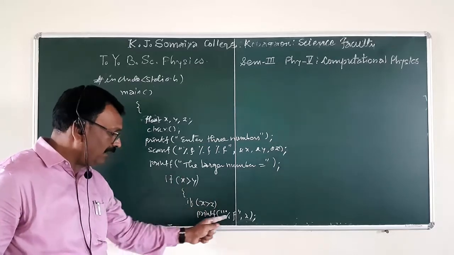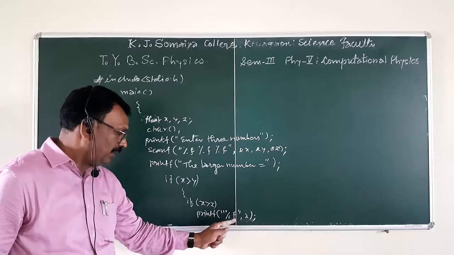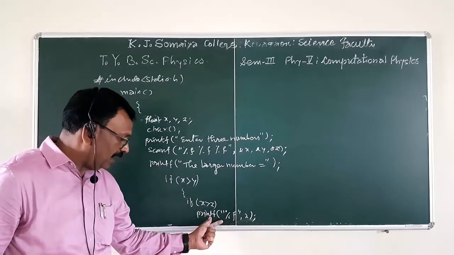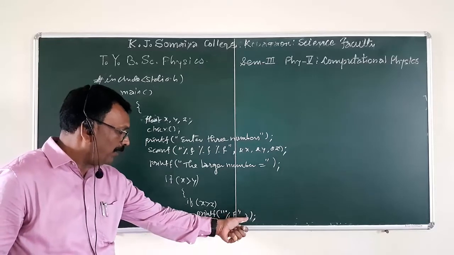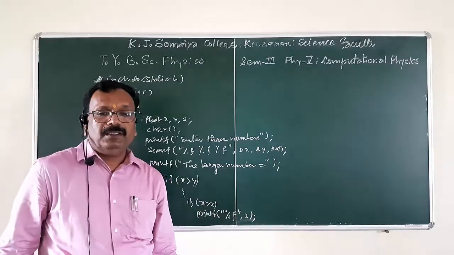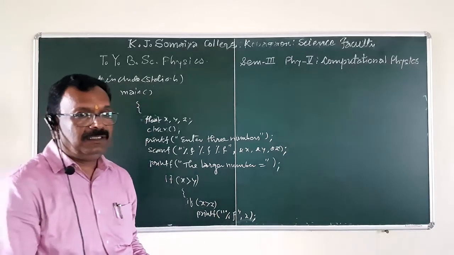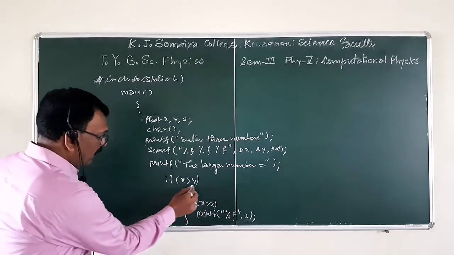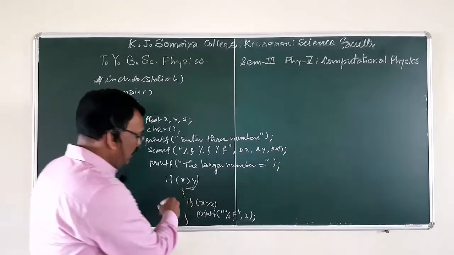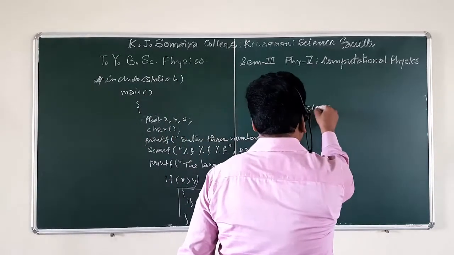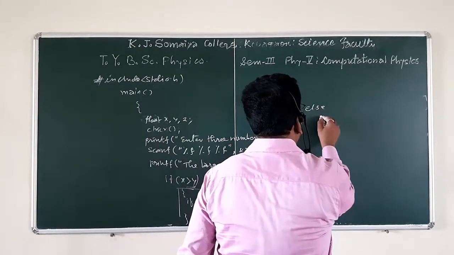Yes, both conditions are true, and hence print the value of x, so the output will be that the largest number is x. If this is not so, the condition is false here, then control skips this statement and comes to this else statement.